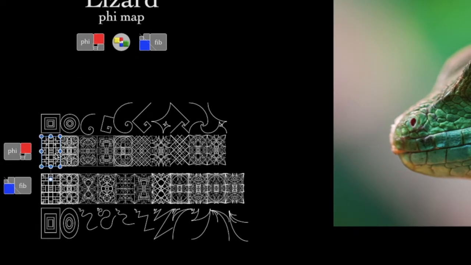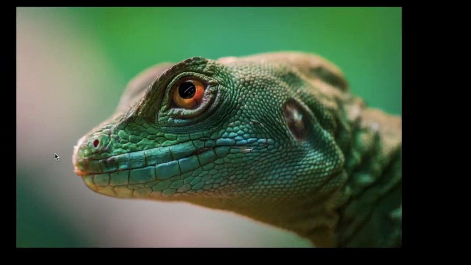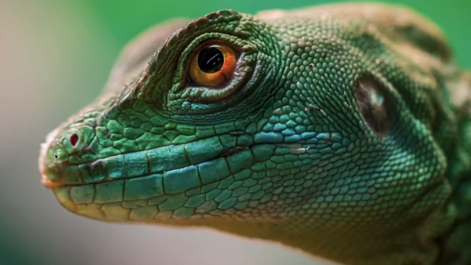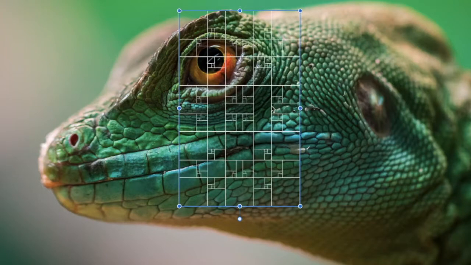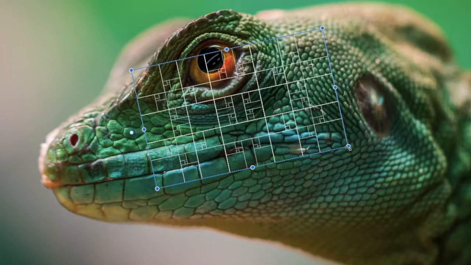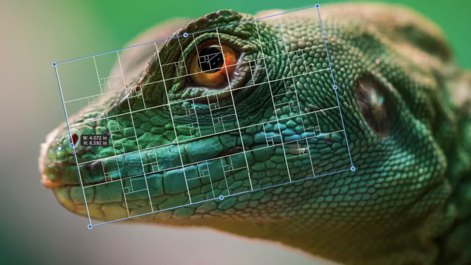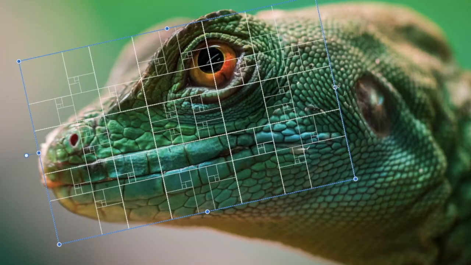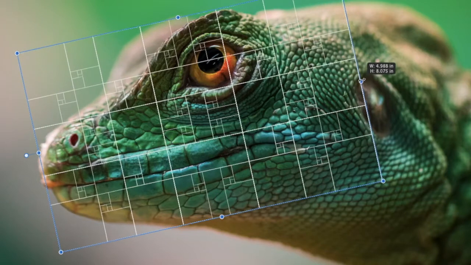Let's try and find our primary phi rectangle. And that might give us a bit of a clue as to, I don't know what. It depends where it is.